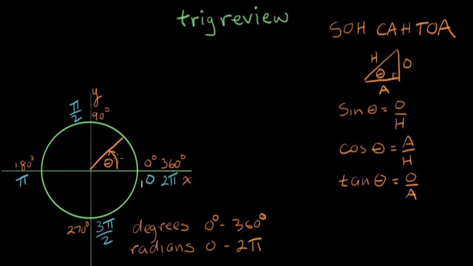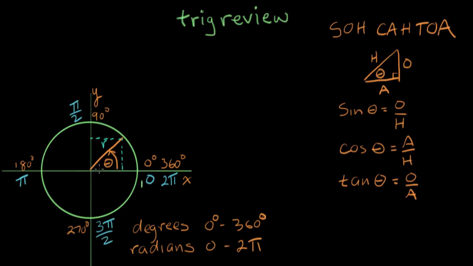So now let's do some trig functions on our angle theta right in here. Let's work out the sine, cosine, and tangent. Now let me give a name to this hypotenuse. Let's call that r. And r equals 1, right? I said this was a unit circle, so r is equal to 1. And when we calculate our right triangle, we drop a perpendicular down here to the x-axis, and we also draw a horizontal over here from the y-axis.